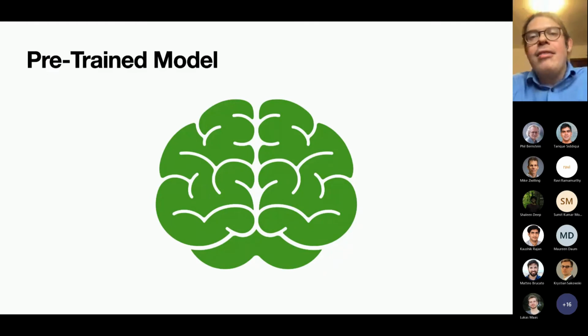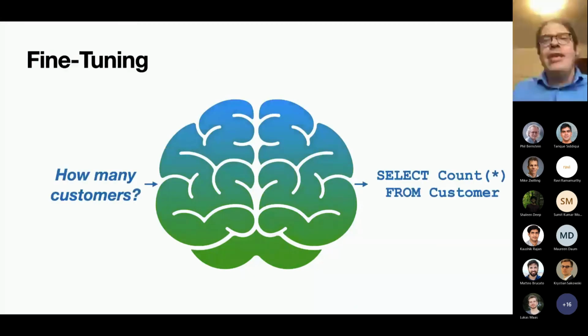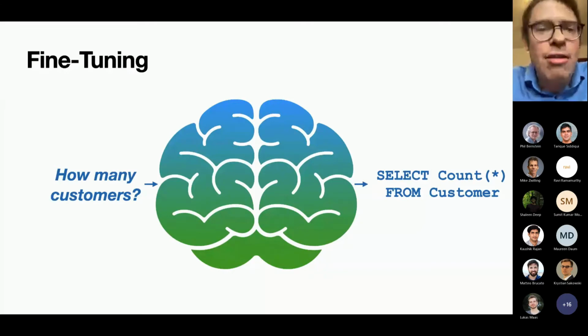And then, and that works very well in practice, we can fine-tune those models for other problems such as translating natural language questions into SQL queries. And due to the pre-training phase, even with relatively small amounts of training data, you typically get very good performance.